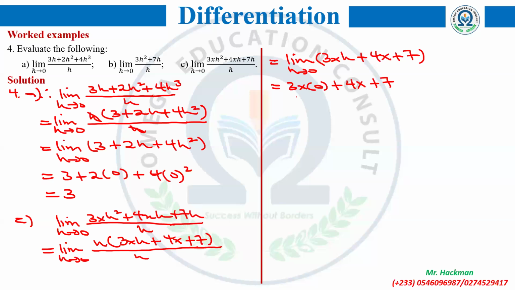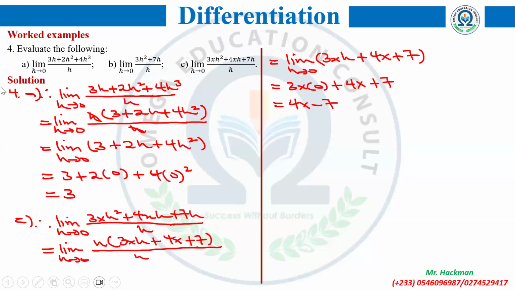Forgive me. So in effect, you know that this will go, so you'll be left with these two terms. Now we are going to get equal to 4x minus 7.